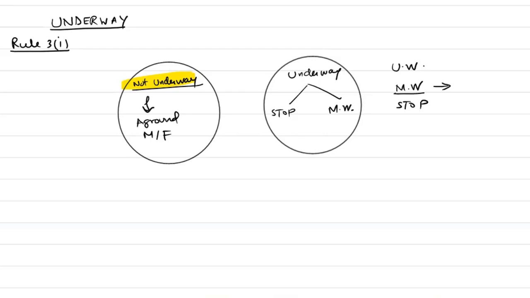Either you say underway and making way, or you say underway and stopped. That is fine. But you need to clarify whether the vessel is making way or whether the vessel is stopped. Or in case there is no information, then obviously the vessel is underway.